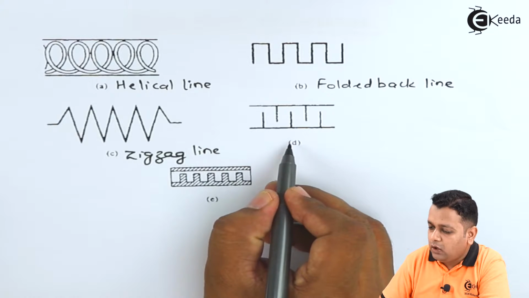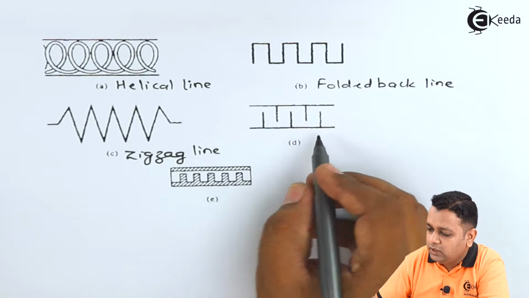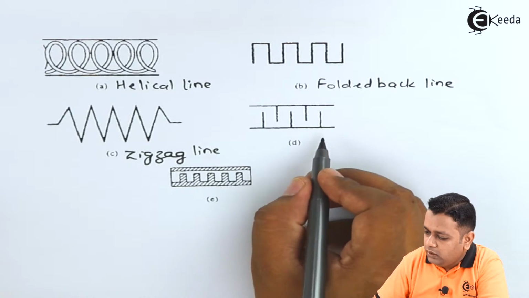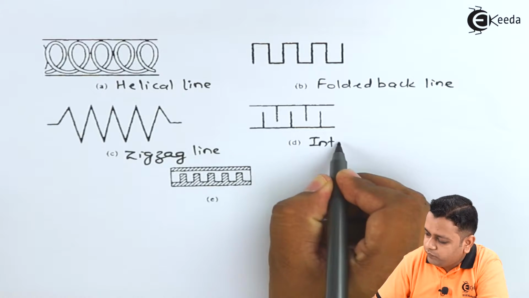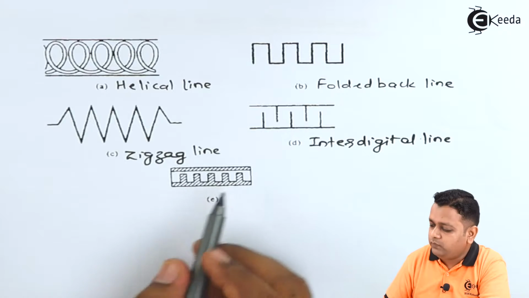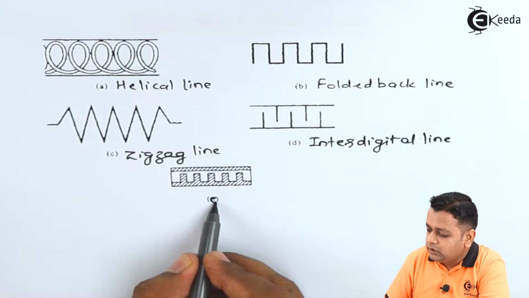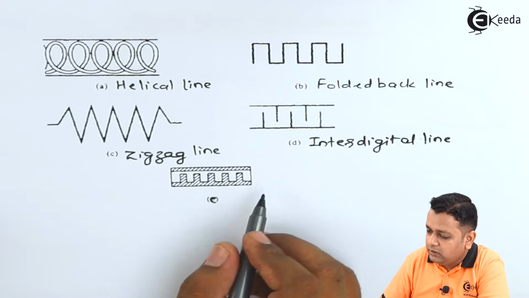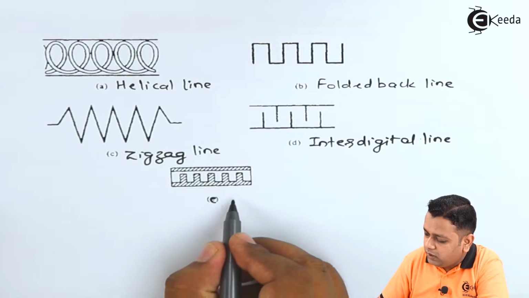Next to that, here we have D slow wave structure. The name is interdigital line. And the last one, seen in figure small e, is the corrugated waveguide.